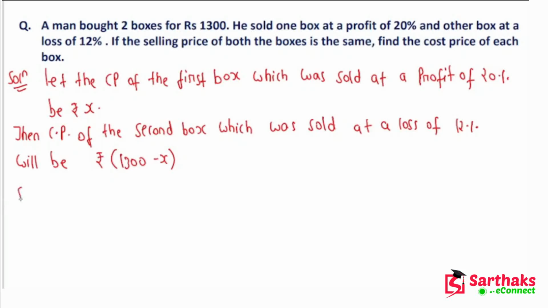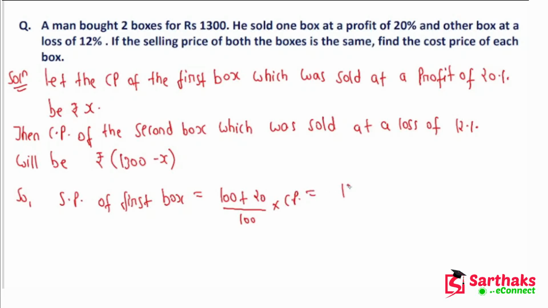So using that formula, selling price of the first box is equal to, so selling price is what? If you see the formula, selling price is 100 plus gain percent upon 100 into CP. So what is the gain percent? 20 whole upon 100 into CP, right?